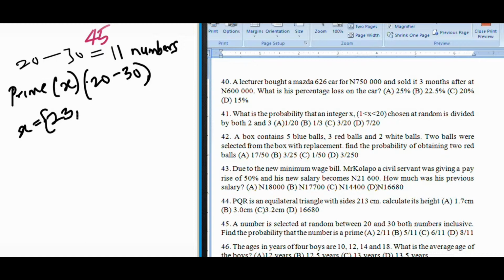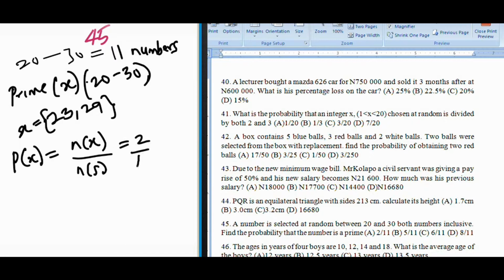The total number of outcomes is equal to 11, that is all the numbers from 20 to 30. So your probability of that prime number, P of x, will be equal to the number of x all over the total number of possible outcomes. And that will be 2 over 11. And that is option A.